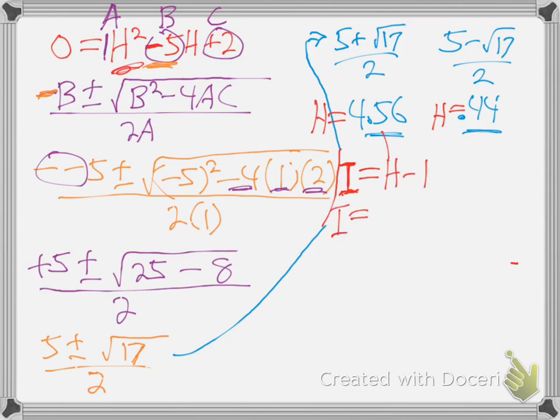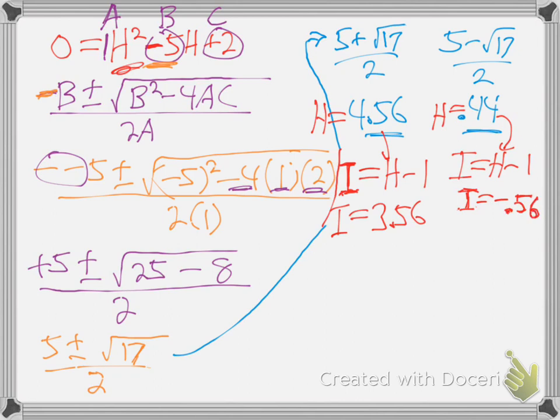So plug in the hose, take 1 away, and you're going to get 3.56. For this other one, if you take inlet pipe is hose minus 1 and plug in the hose, you'd get 0.44 minus 1, which is negative 0.56.